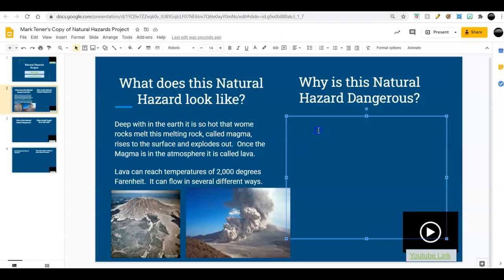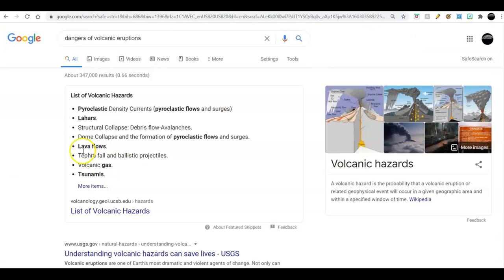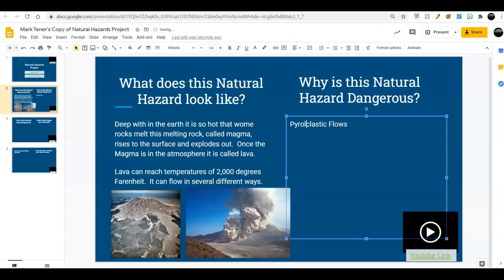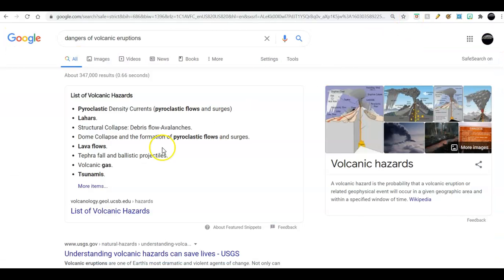Where did we get this? Yes, I can spell. No, I can't spell. Both are true somehow. Lahars, which we know is just the results of lava and melting things and it flowing around. Structural collapse, debris flow, avalanches.